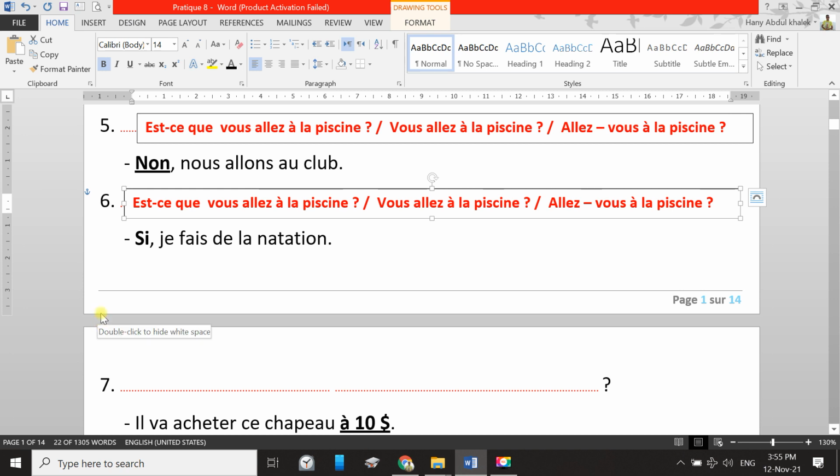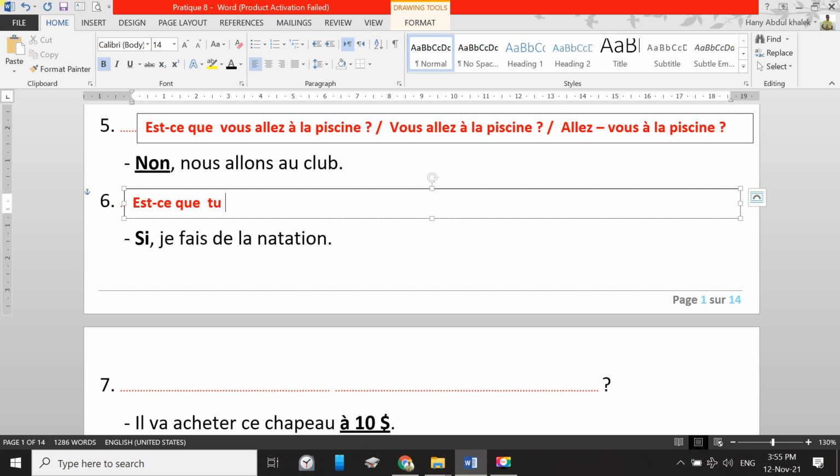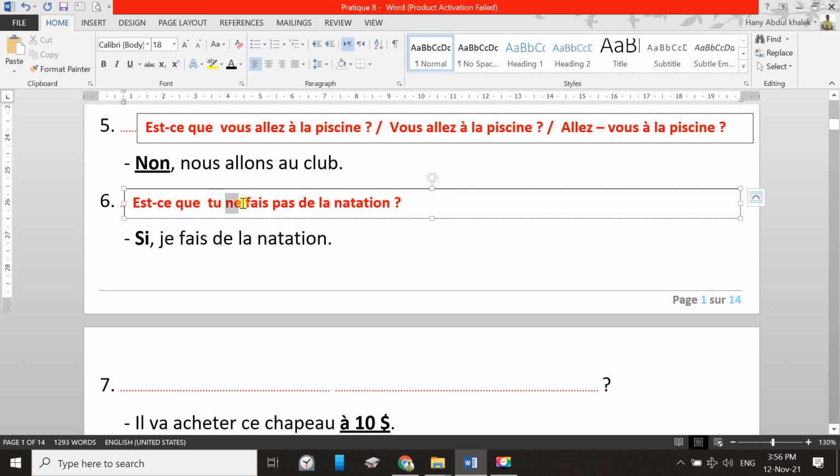So here we can understand that if the answer starts with si, the question has to be in the negative form. Est-ce que tu ne fais pas de la natation? Tu ne fais pas de la natation? Si. It means you are not going to the swimming? Si, bala, I'm going to the swimming. So here, I hope you understand it. We say the question is in the negative form.